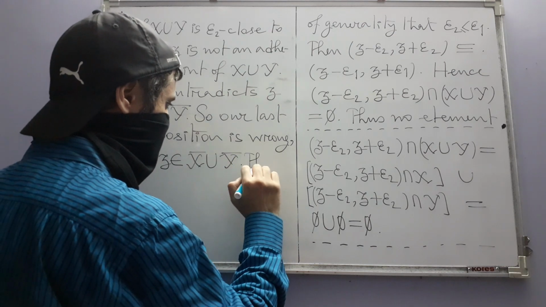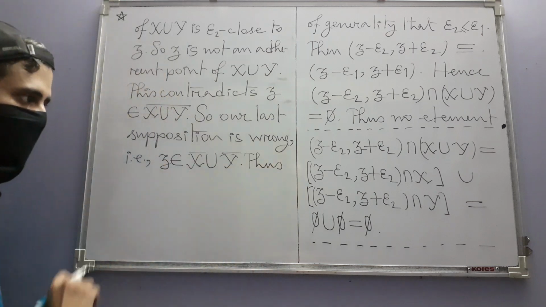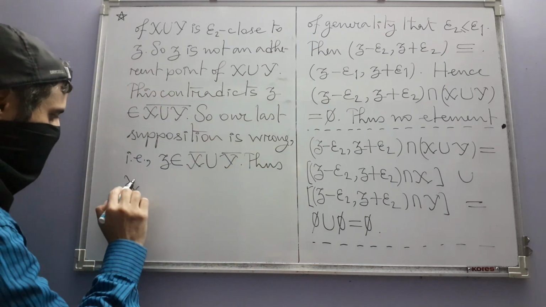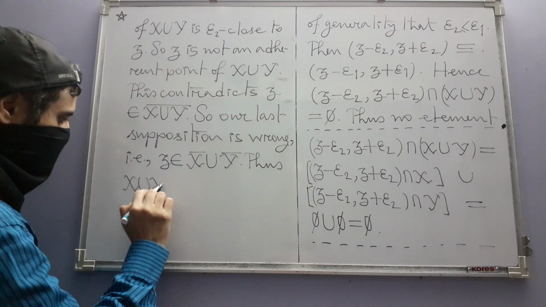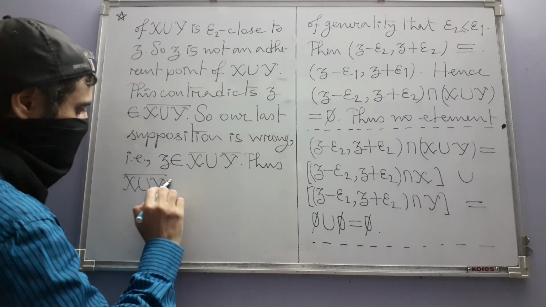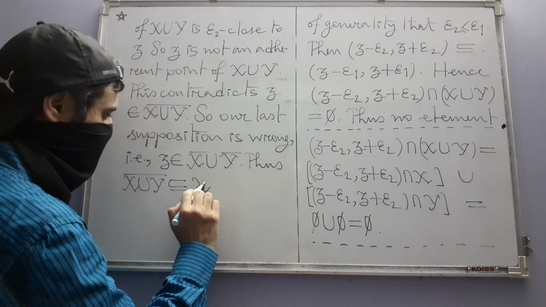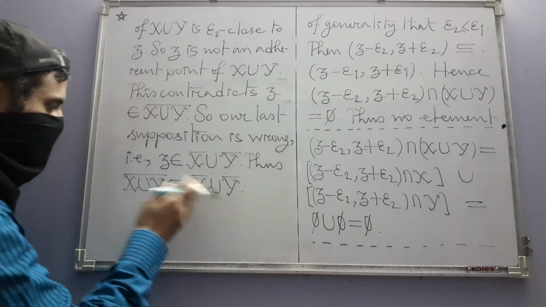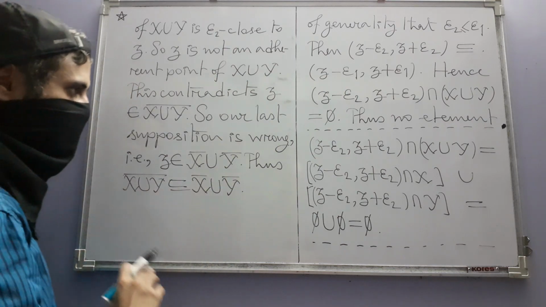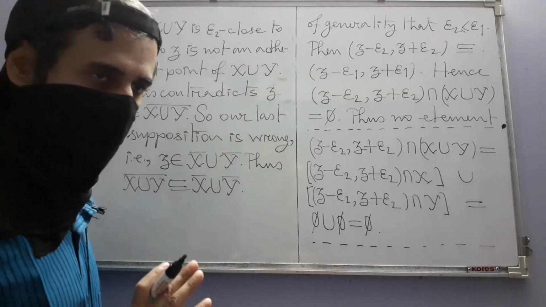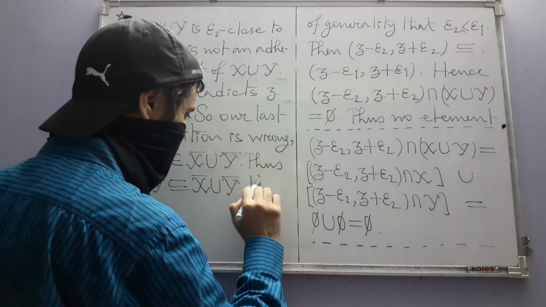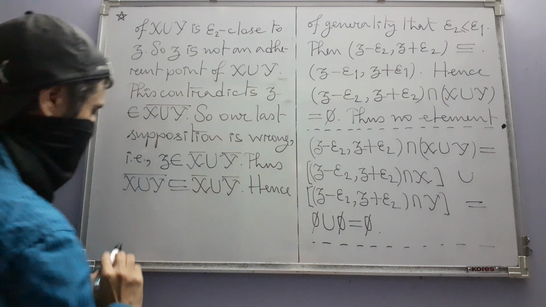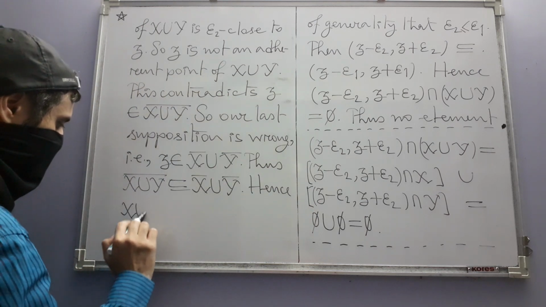Thus, but Z was an arbitrary point of X union Y closure. So this is also contained in this. But the other inclusion, the reverse one, we have already proved that. Hence, now we can finally write equality.